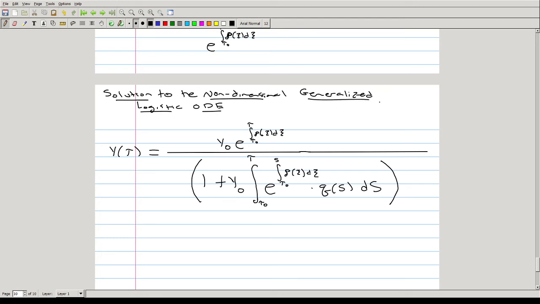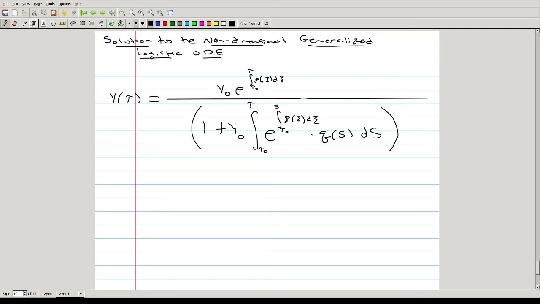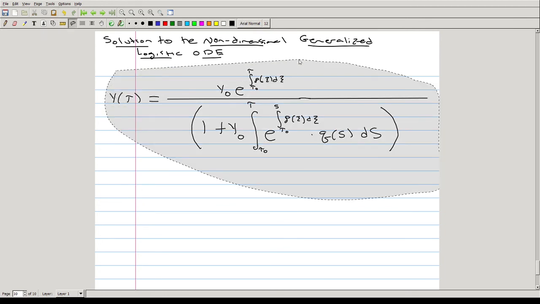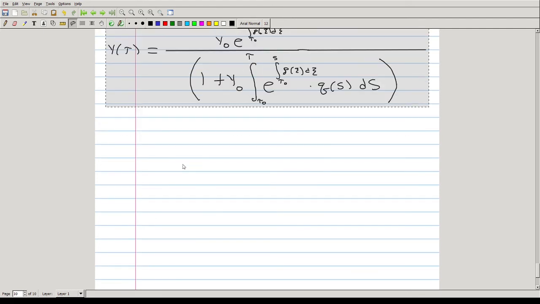And you might be asking, well, how do we convert this back to the dimensionalized form so we can use it for specific examples?